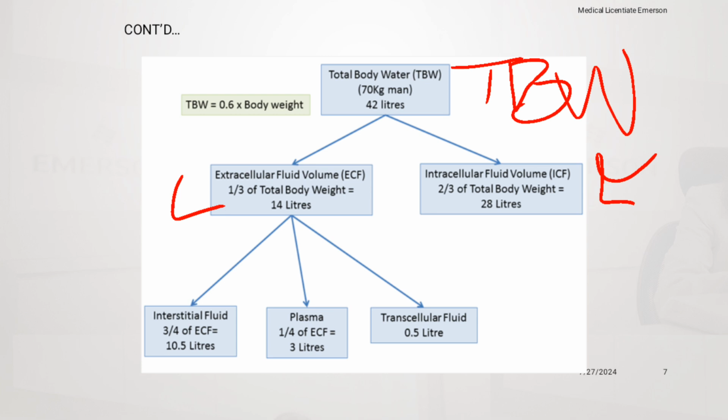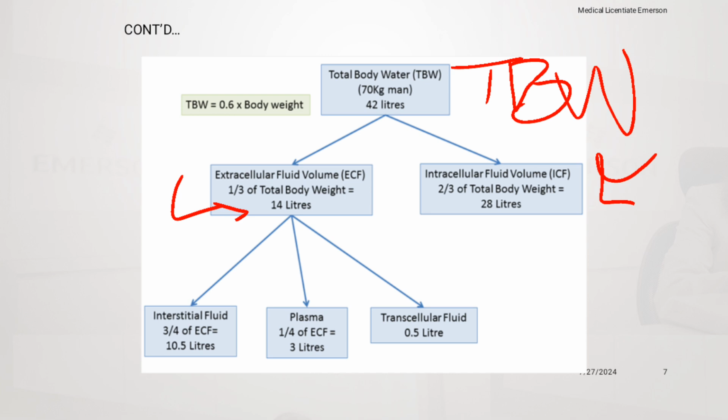So specifically, from a 70 kg man who has 42 liters of total body water, it is equal to 14 liters. Then this extracellular fluid again has its own components.